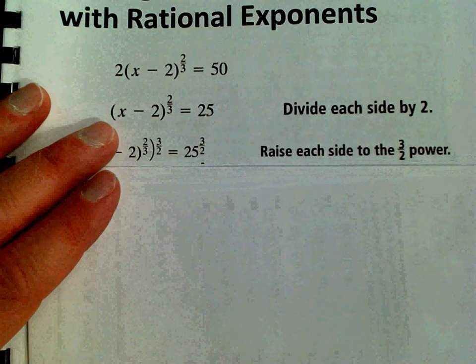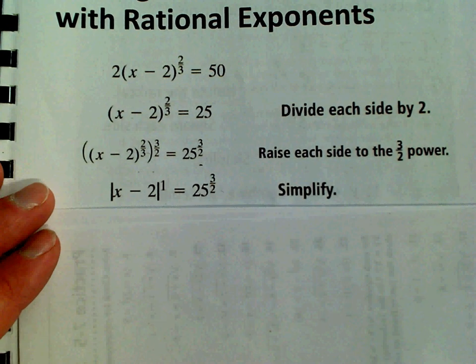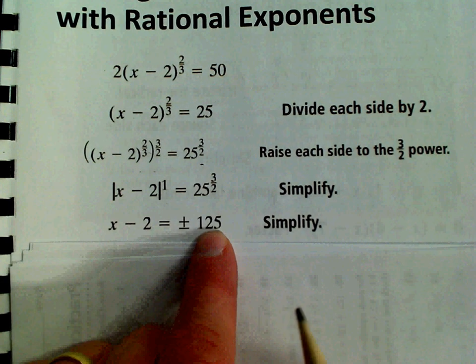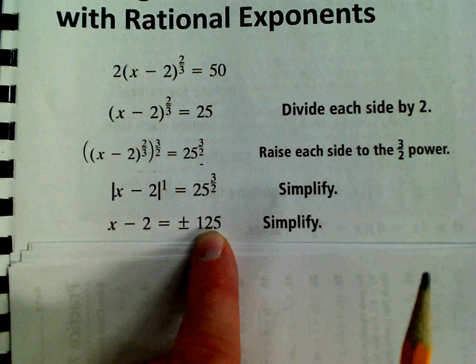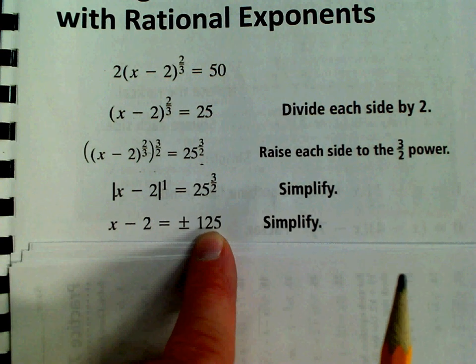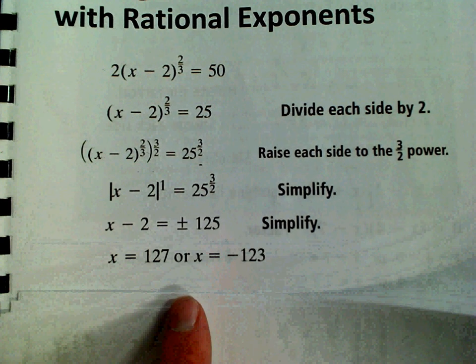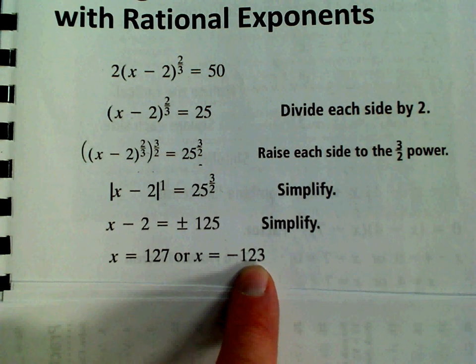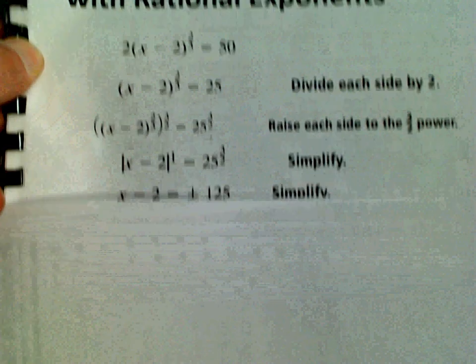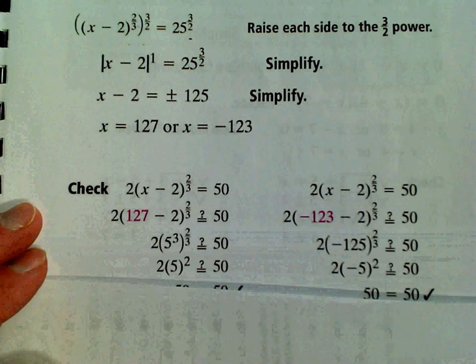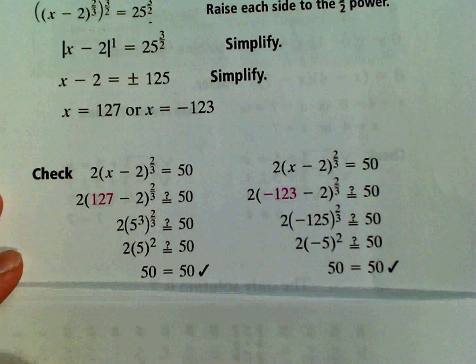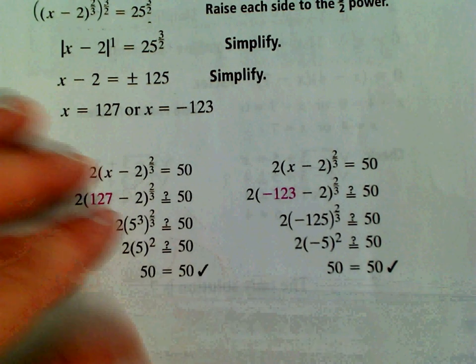So then when I raise it to the 3rd power, I could end up with a positive 125, or I could end up with a negative 125 on this one. Add the 2, and I would get 127 or negative 123. Check them both. They both check out perfectly.